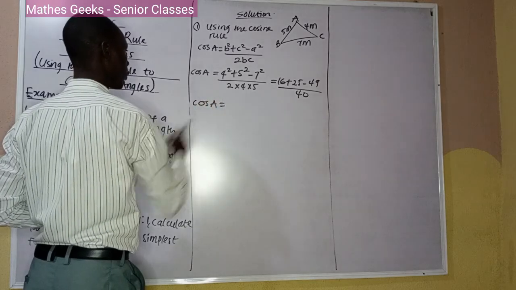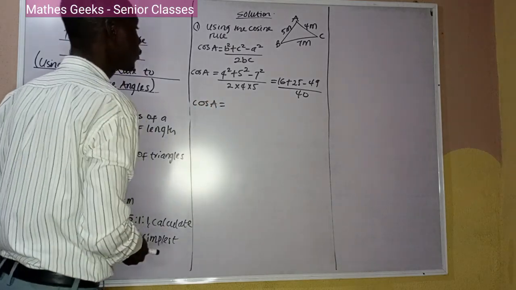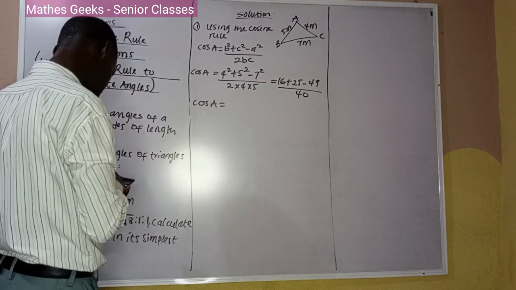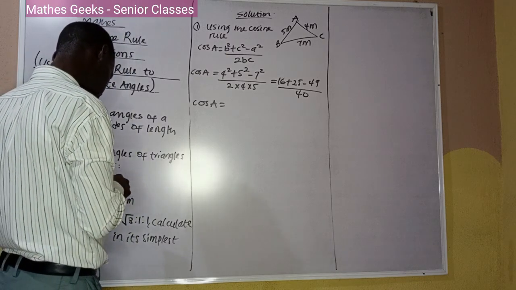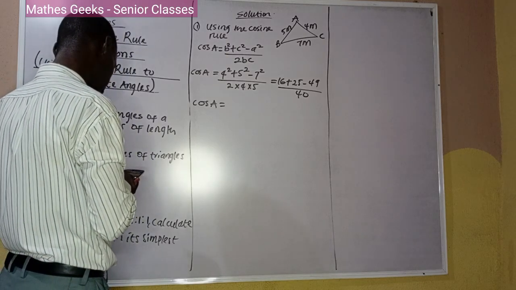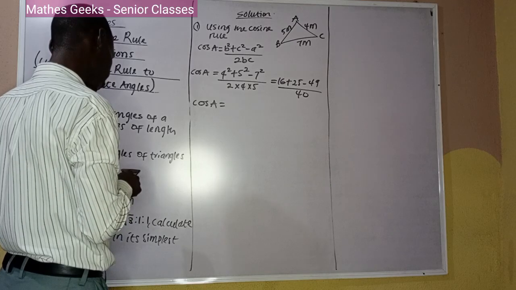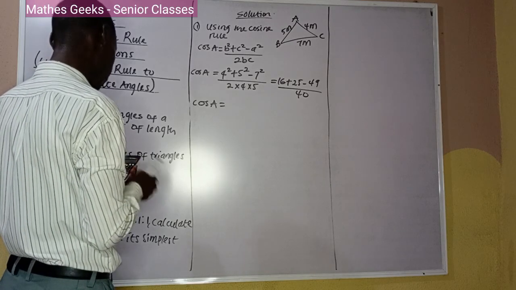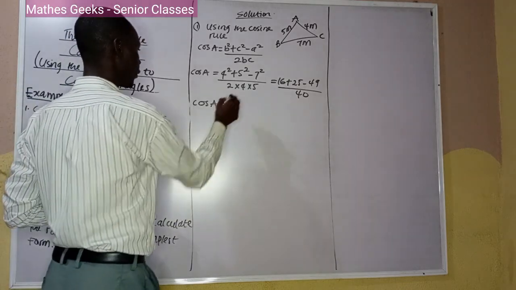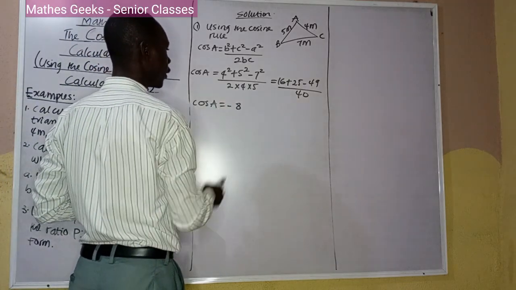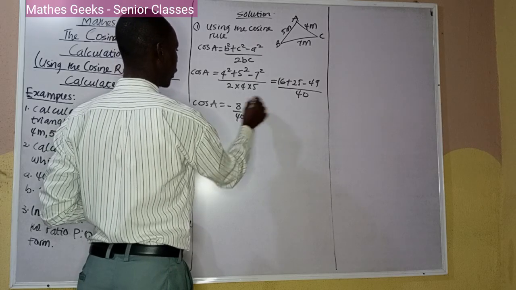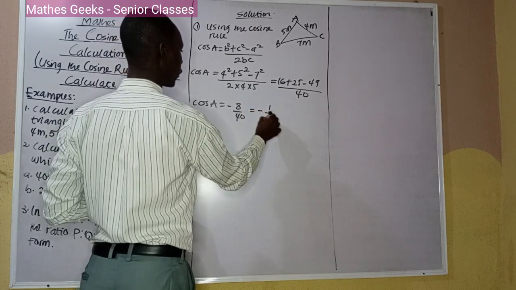Cos A is equal to 16 plus 25 minus 49, that's equal to minus 8 over 40, which is equal to minus 1 over 5.